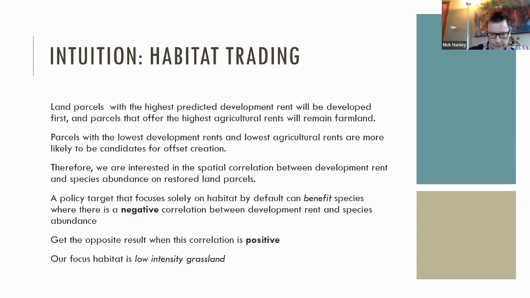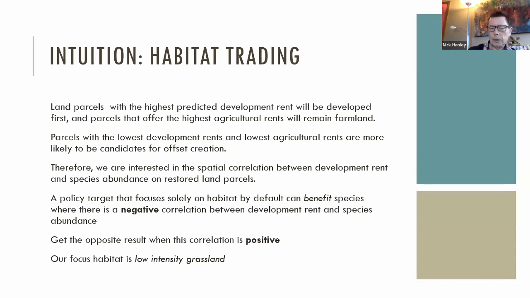And therefore, what we're interested in is the spatial correlation between development rents and species abundance on restored land parcels. Now, if we found that there was a negative correlation between development rent and species abundance, then a policy target which focuses solely on habitat as the metric could actually benefit the species. But we'd get the opposite result where that correlation was positive.